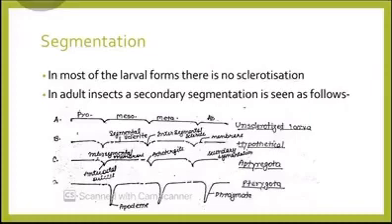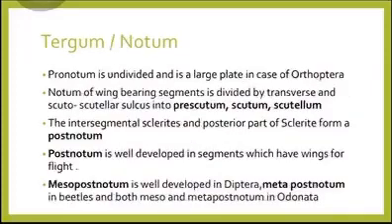So this gives a pseudo segmentation, or a secondary segmentation, that is a membranous part between two sclerotized plates. The membranous part, as you can see in the diagram, has shifted slightly towards the left. So this is the secondary segmentation.